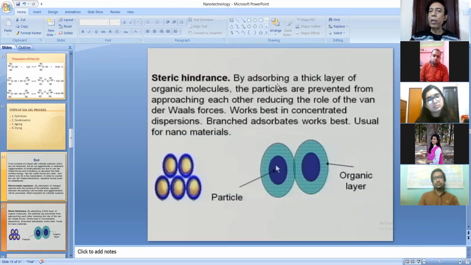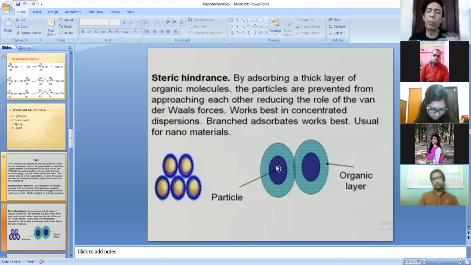The salt particle absorbs a thick layer of organic molecules. From where? From the solution.